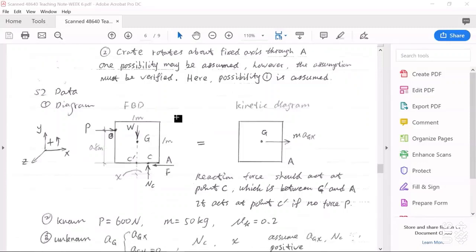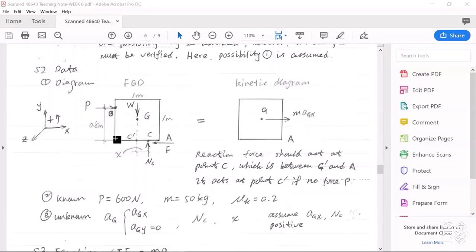Okay, now the free body diagram. At this point we have external force P. At mass center point G we have weight force W, and at point C, we have reaction force NC and friction force F. Friction force here to the left side.